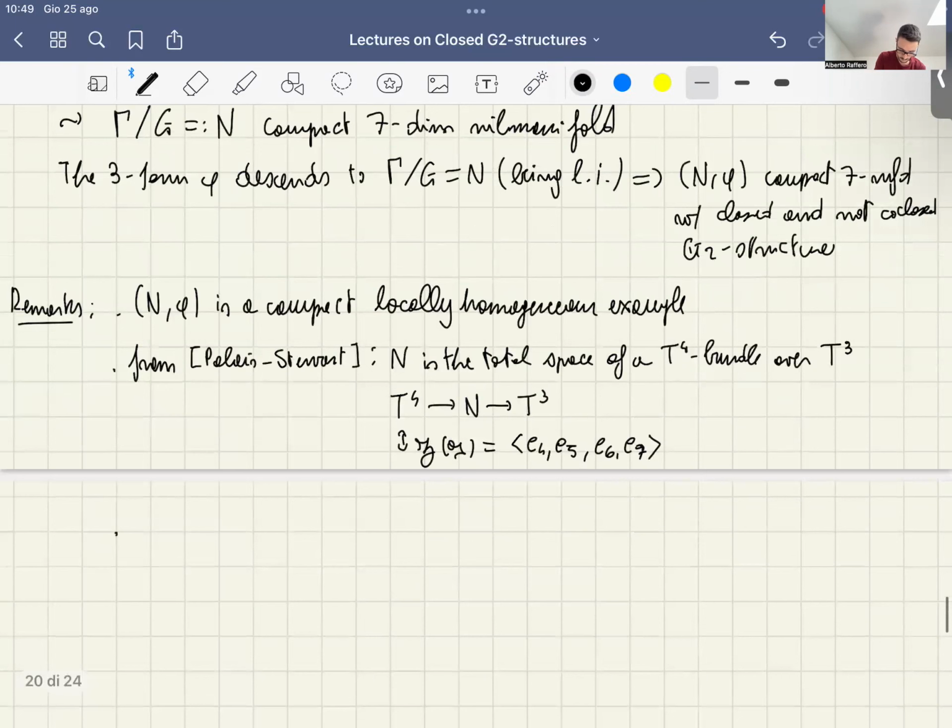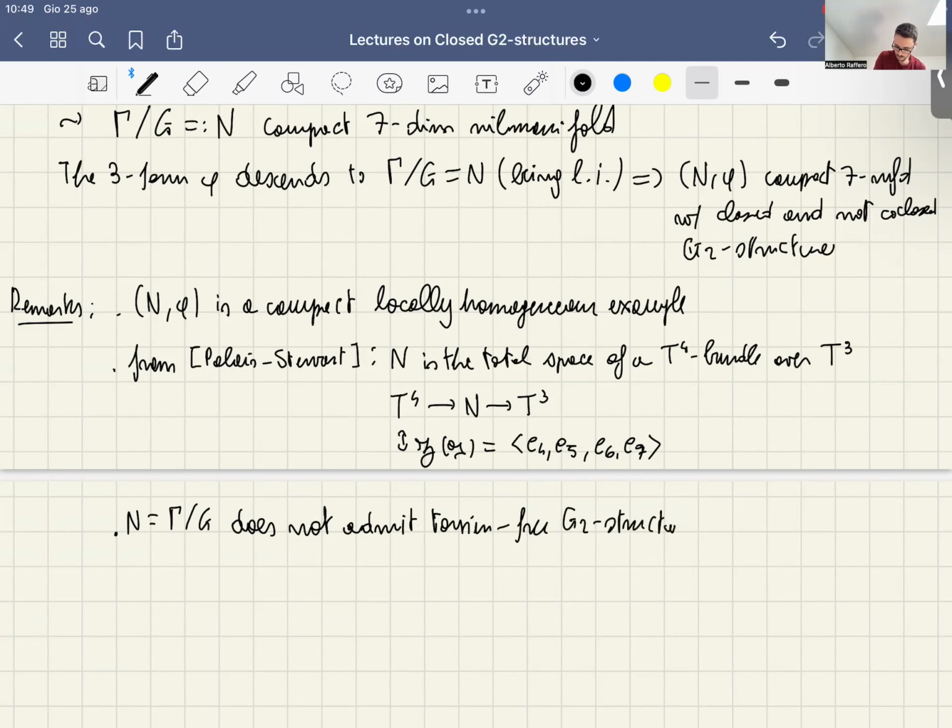And finally, N does not admit torsion-free G2 structures for topological reasons. And this is because, as Fernández computed, the first Betti number of N is equal to 5.